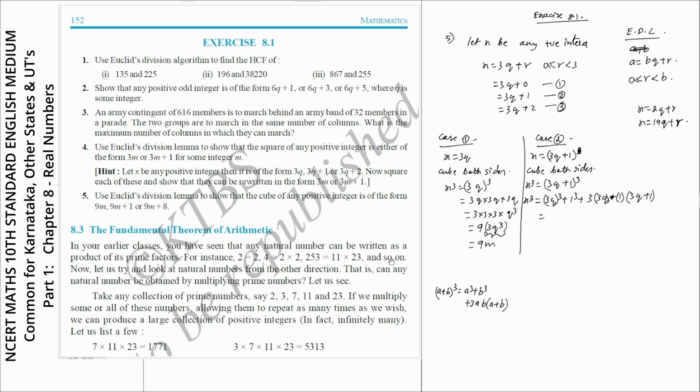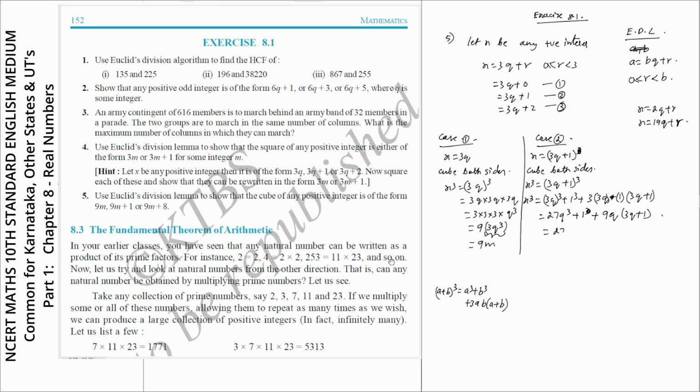So this is equal to, now I'll get 27q cube plus 1 cube is 1 only, plus 3 3s are 9, 9q into 3q plus 1 I am getting.